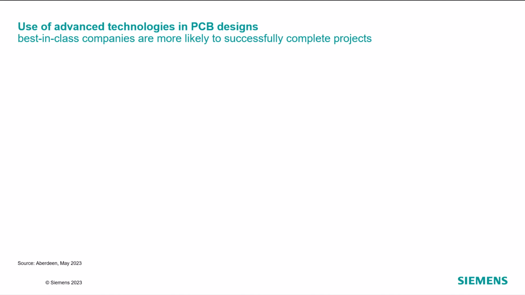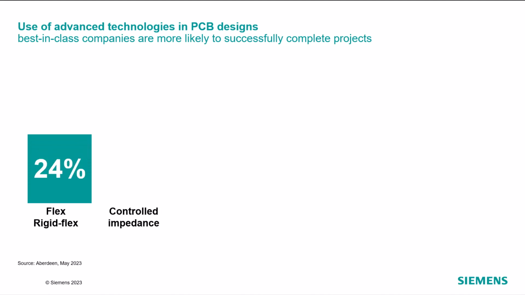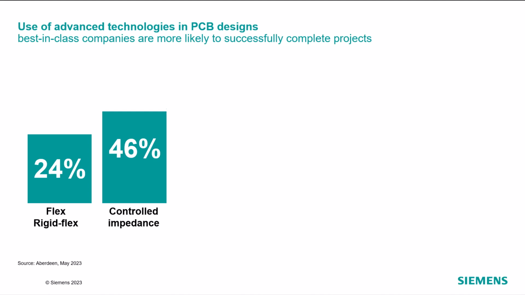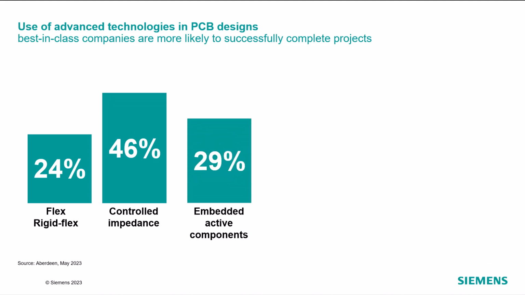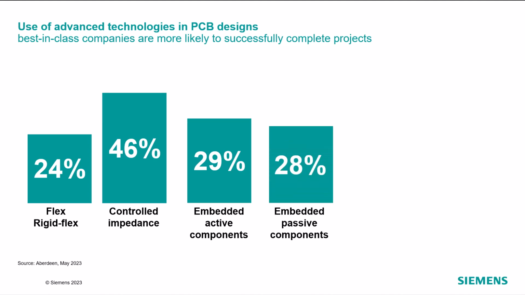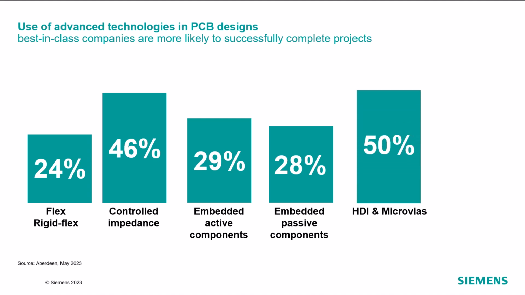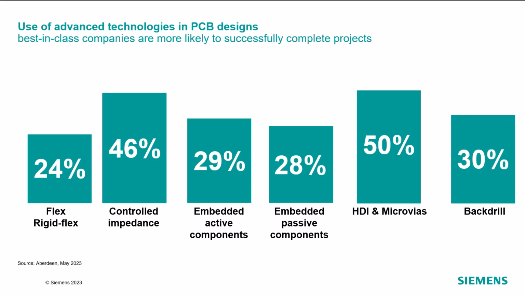The data showed that these industry-leading companies are 24% more likely to use flex or rigid flex circuits, 46% more likely to use controlled impedance, 29% more likely to use embedded active components, 28% more likely to use embedded passive components, 50% more likely to use HDI and microvias, and 30% more likely to use backdrilling than any other technology companies within the industry.